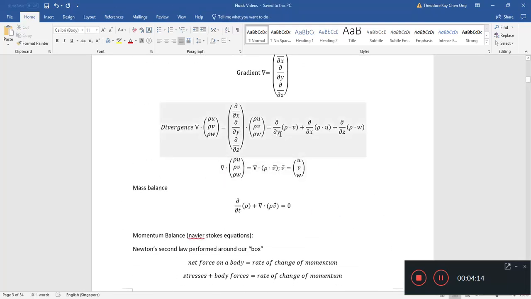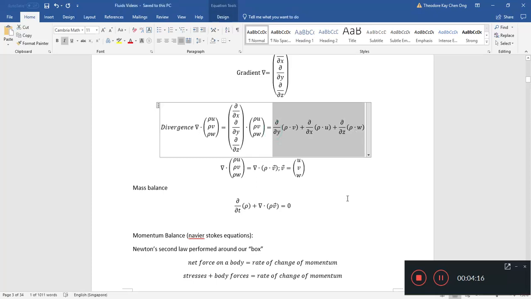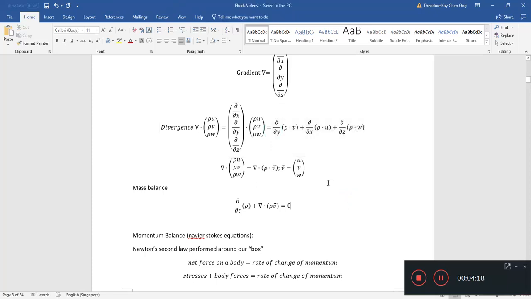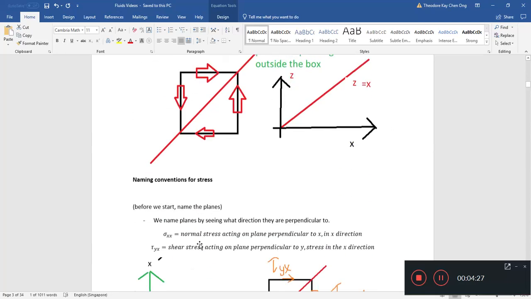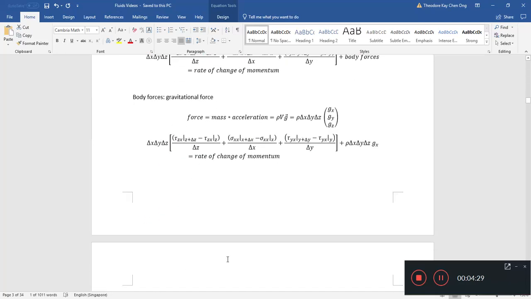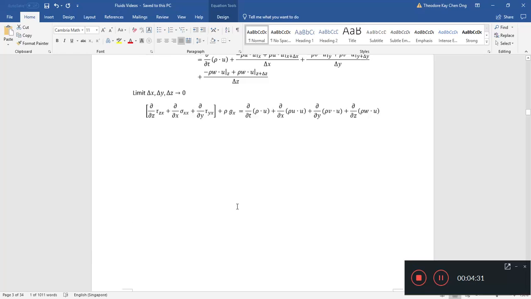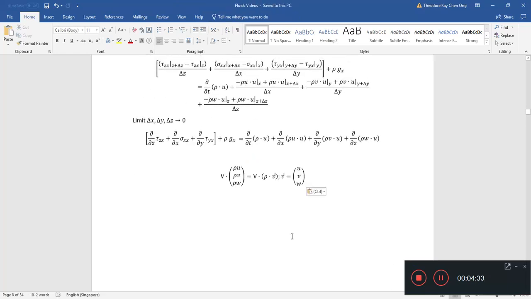It looks a bit like our mass balance. So let's copy our divergence over, and we see what the divergence actually looks like.